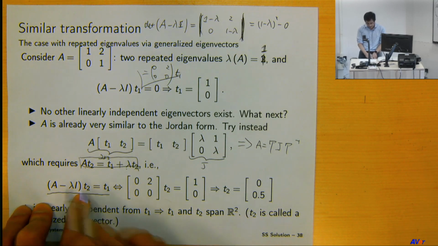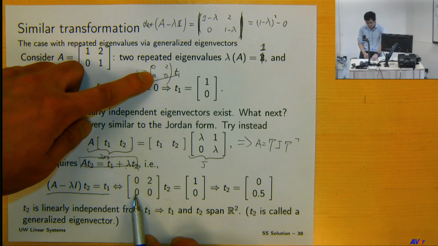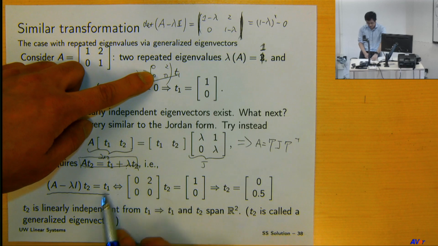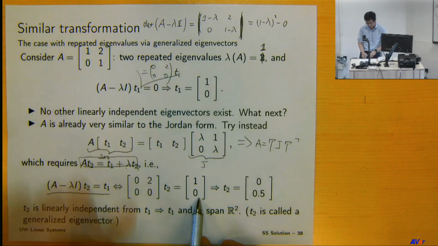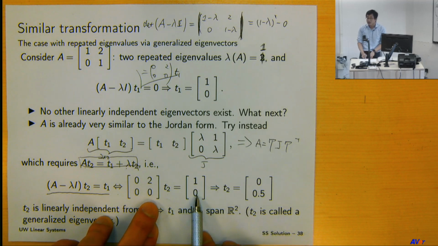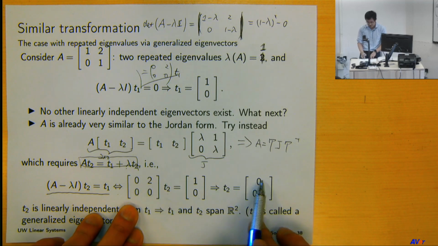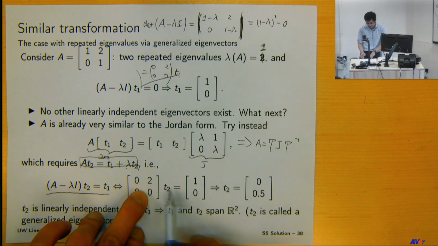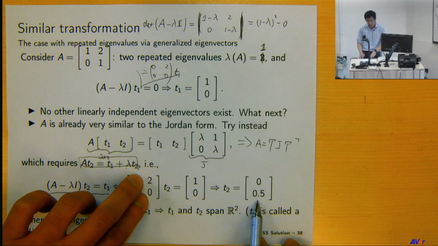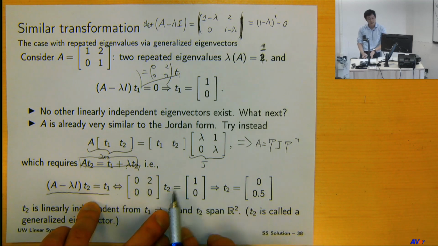So A minus lambda I is still 0, 0, 2, 0 times T2, it must equal T1. T1 is 1, 0. What kind of T2 is going to give me a 1, 0 here? It can be anything for the first element, but for the second element of T2, it must be 0.5 in order to make the equality hold.